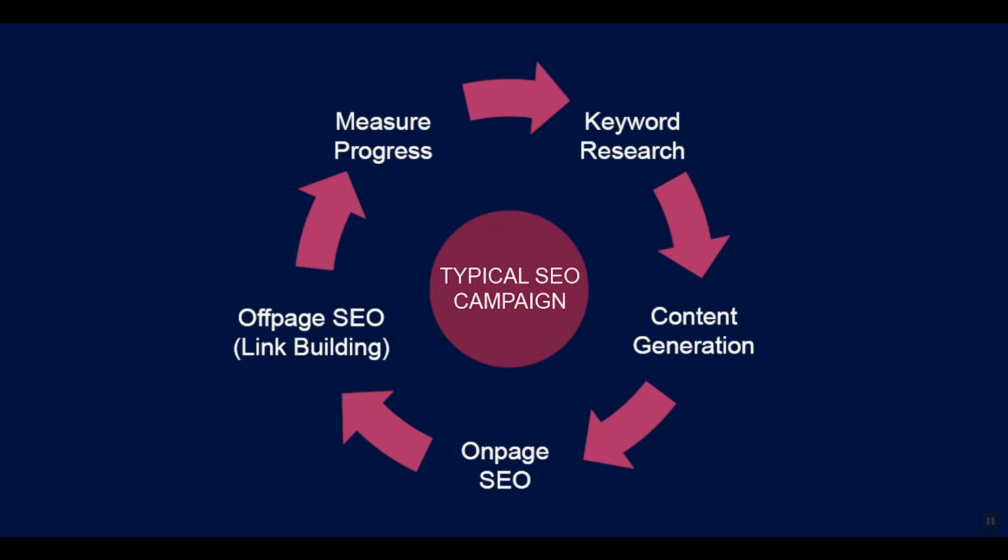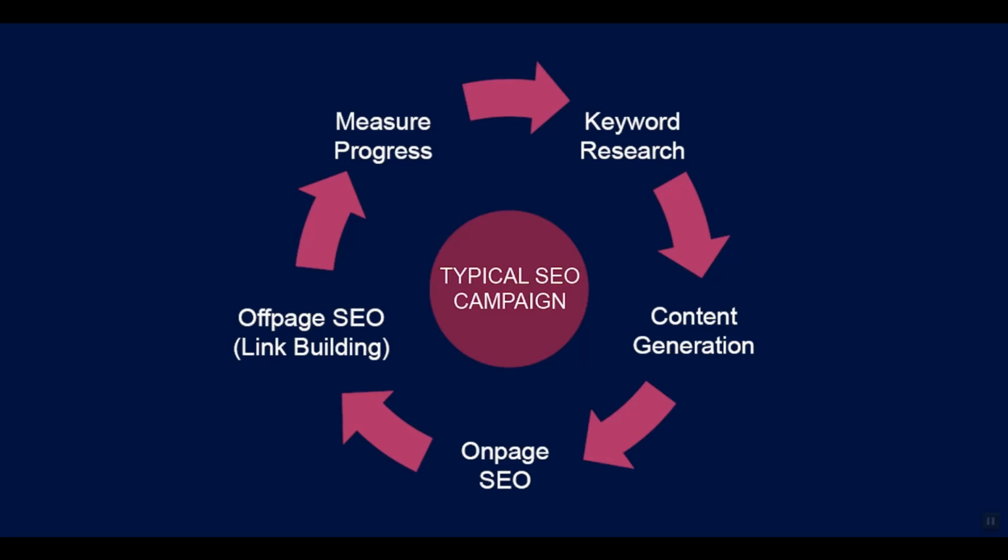Here is your first step. The first step of every SEO campaign is what we call keyword research. This is essentially where you determine what keywords you want to target for your website. For example, if you own a website which sells wireless headphones, then some keywords you may want to target could be best wireless headphones, or how much do wireless headphones cost.